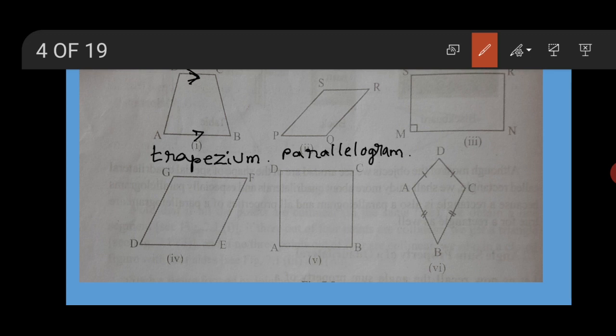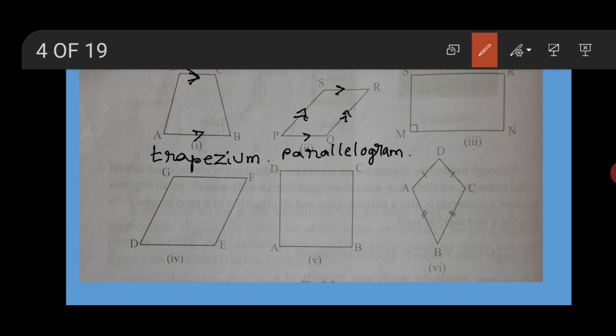Yes. Now recall the properties of a parallelogram. Opposite sides are equal and parallel, and opposite angles are also equal. Then parallelograms have so many other properties. Later we will discuss about it.